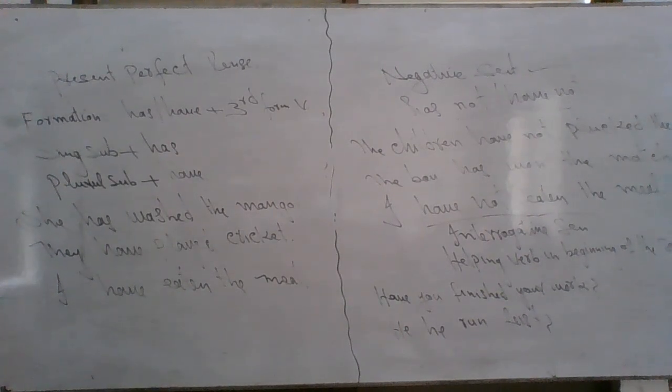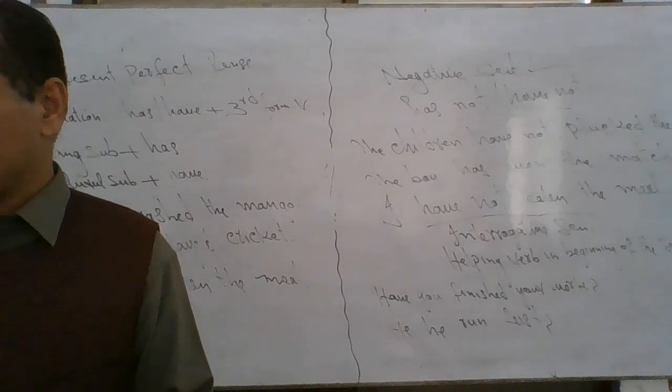Any question, if it is there, and if I ask you, can you answer me? Okay. Can you make a sentence of plural subject from your own side? Affirmative, oh yes, affirmative.